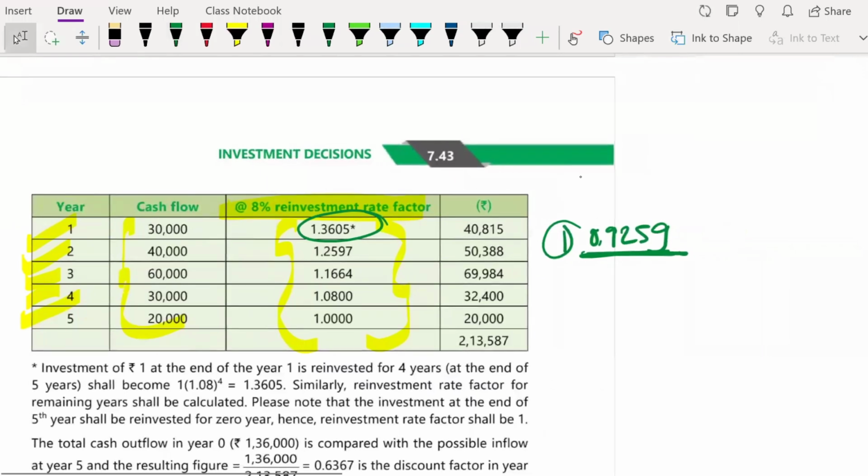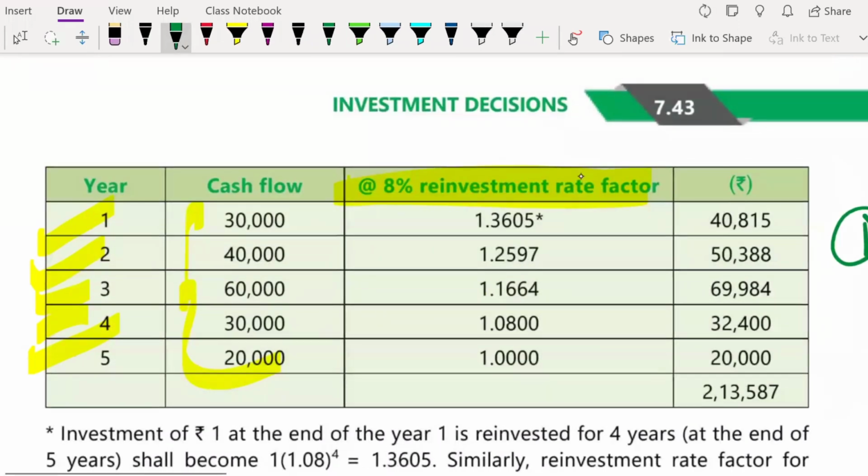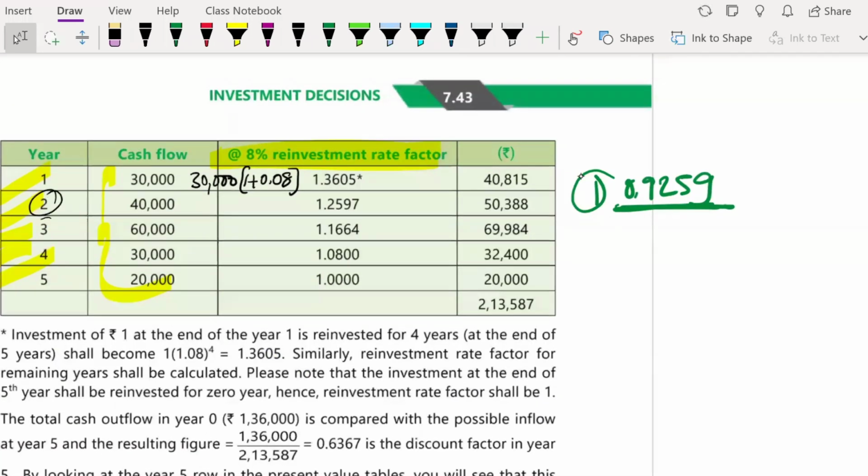Why? Because when you reinvest, the formula is cash inflow, 30,000, multiplied by 1 plus 0.08 to the power of the number of years left that you can reinvest. Here it is 1, 2, 3, 4, so to the power 4.